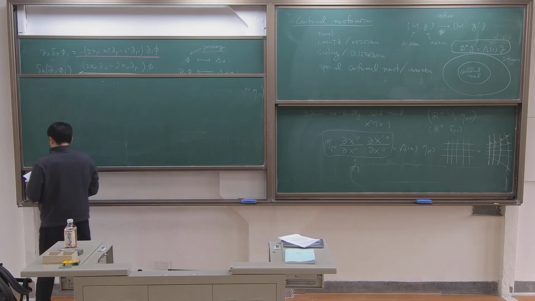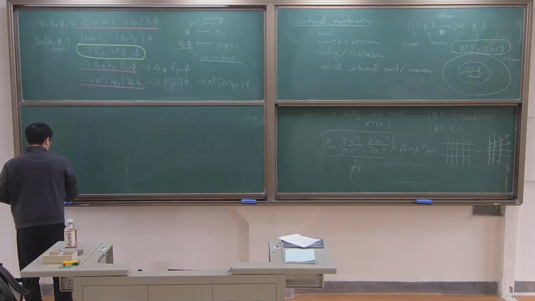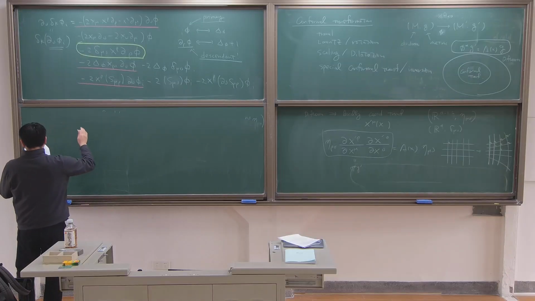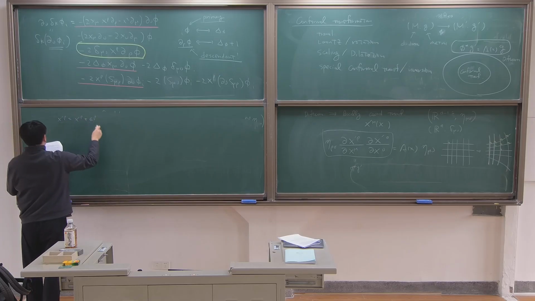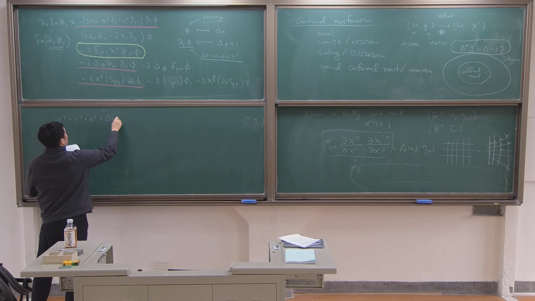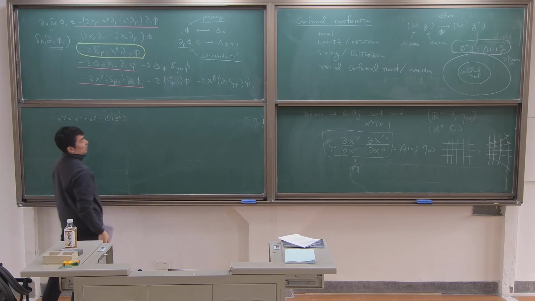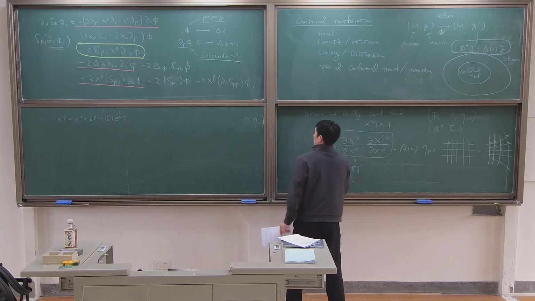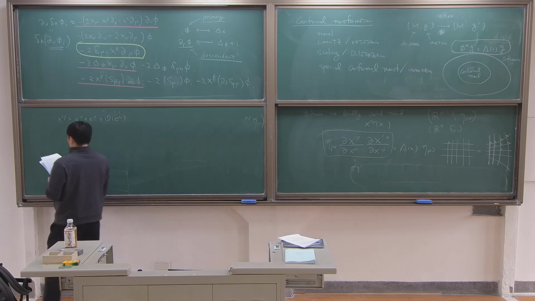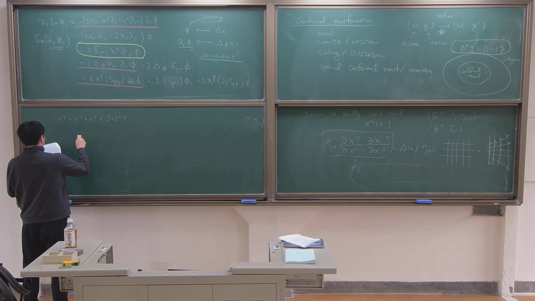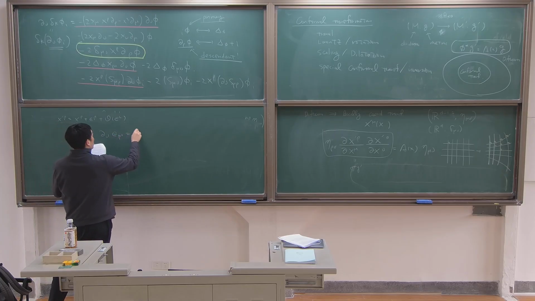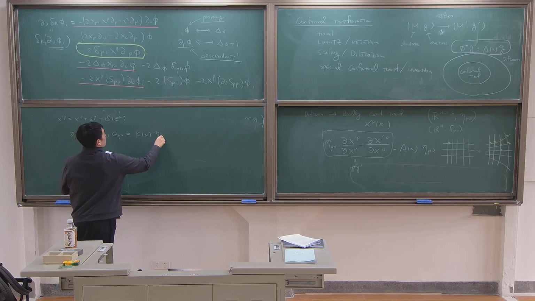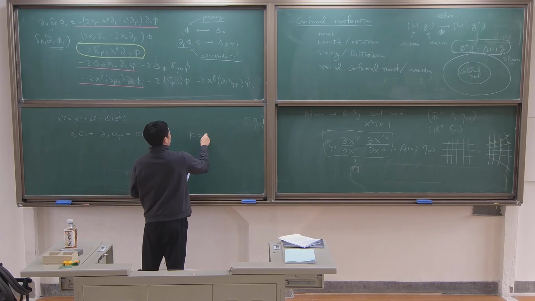So that's how you usually define the conformal transformation. Now if you look at the local transformation, x prime mu is x mu plus epsilon mu plus order epsilon squared. Then this equation can be rewritten as follows: just plug that in, and you get partial mu epsilon nu plus partial nu epsilon mu is equal to k of x times eta mu nu, where k is equal to 1 minus lambda.